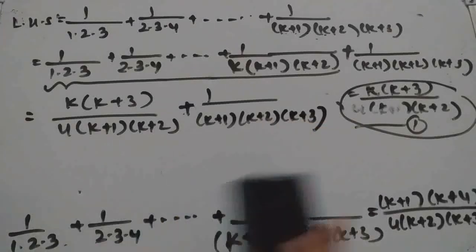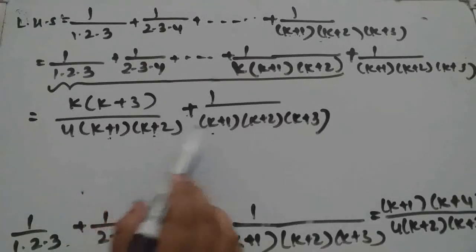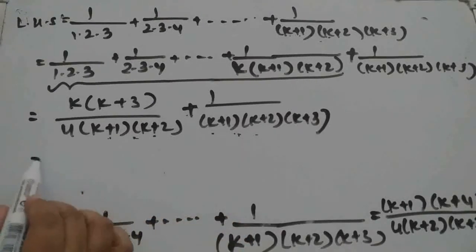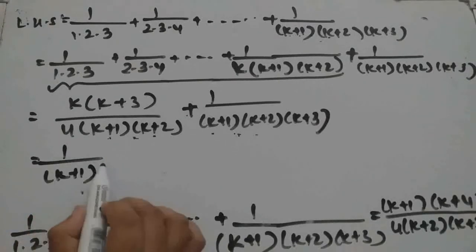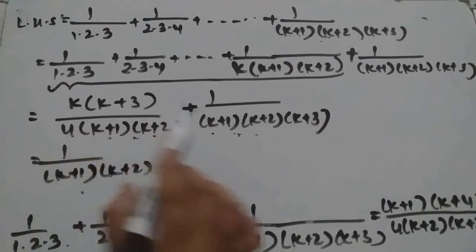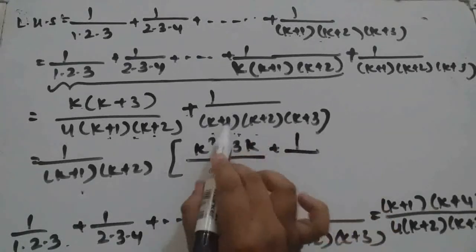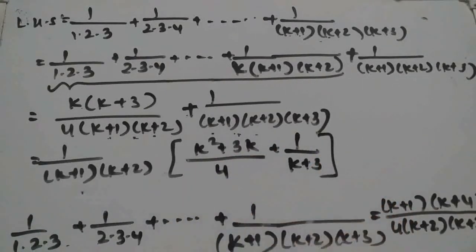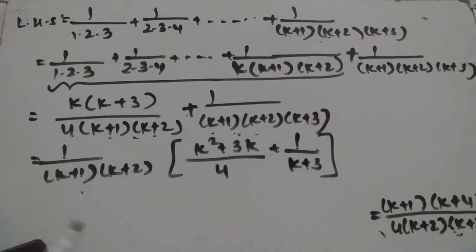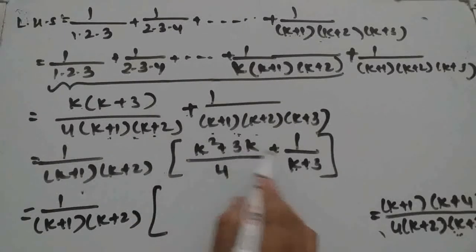Okay. Now see, in denominator k plus 1, k plus 2 is there in both the terms. So we can take common both the brackets. So here we will be left with k square plus 3k divided by 4, and here we will be left with 1 by k plus 3. Okay, this we have to show. So next step what we can do here, cross multiplication. So we should multiply, isn't it?